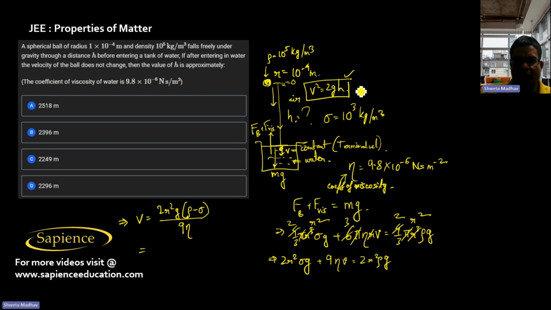V will be equal to root over 2gh. So therefore root over 2gh is equal to 2r square g into (rho minus sigma) by 9 eta.